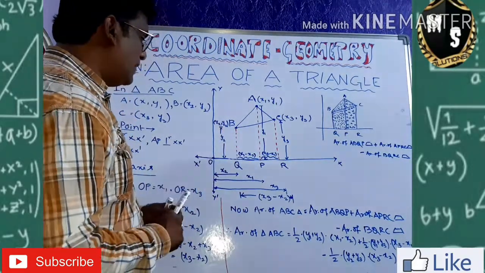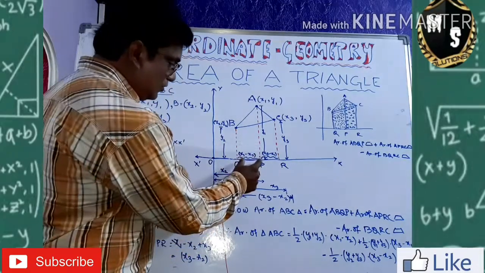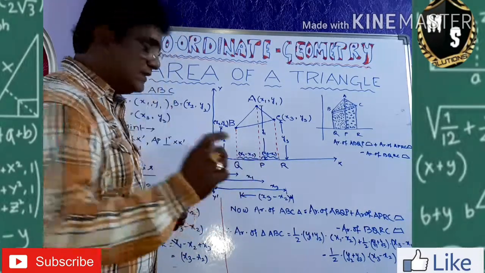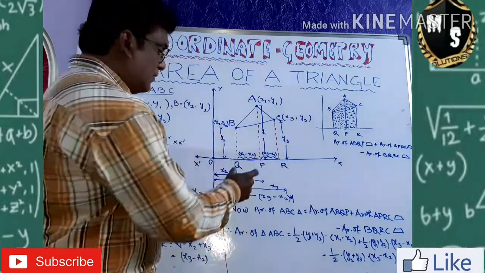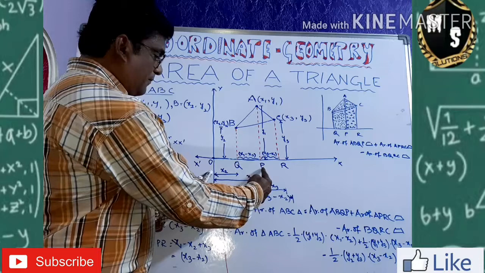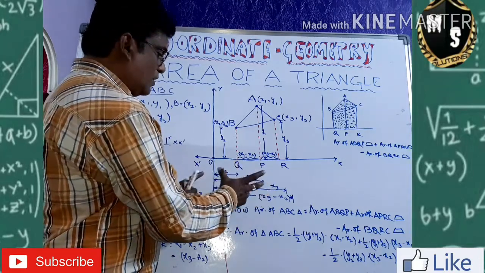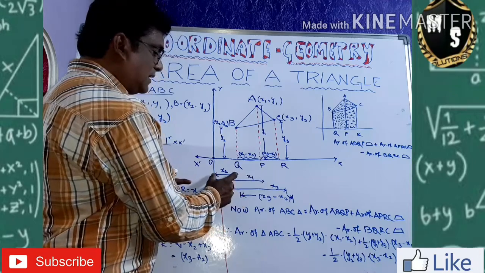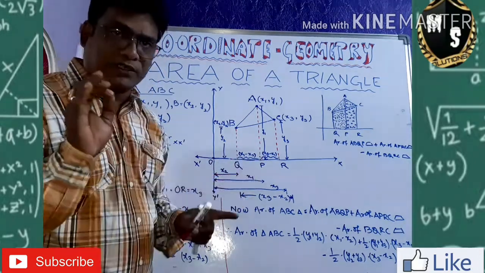Now you see this small distance, Q to P. Very easy. In the x-axis, QP is OP minus OQ. So x1 minus x2 is this distance QP. I hope you understood.